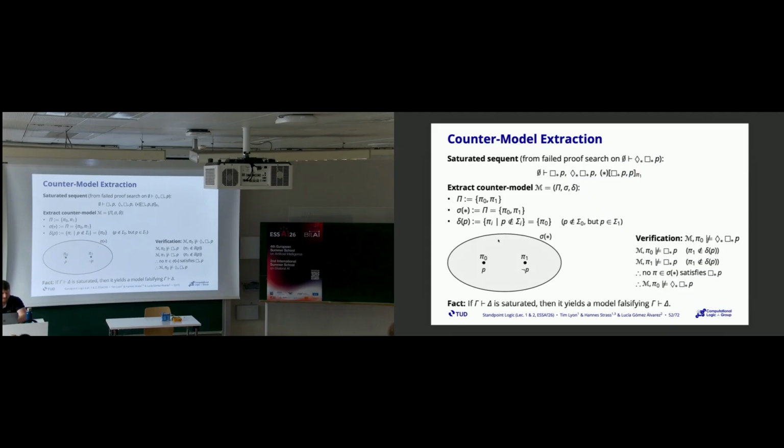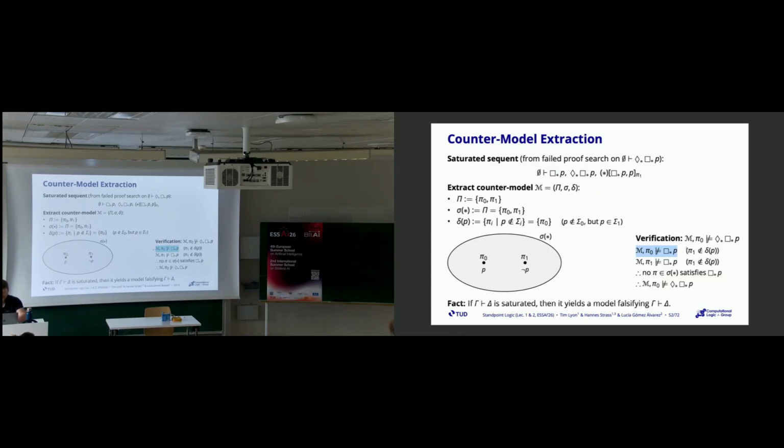So here's a visual representation of this model, which is extracted from this saturated sequent. And we can verify, as shown on the right, that it does in fact falsify this formula. So we first of all have at pi naught that the universal standpoint box P is falsified.